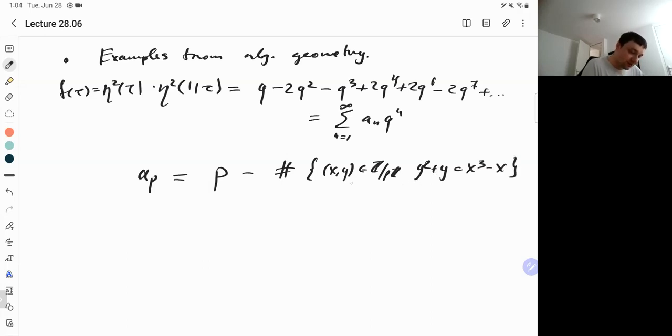So this is the number of points on some elliptic curve.